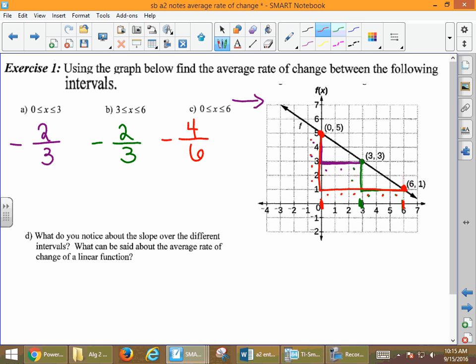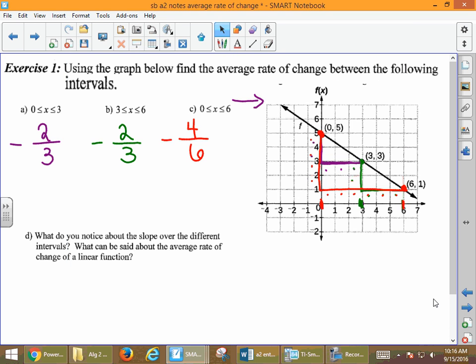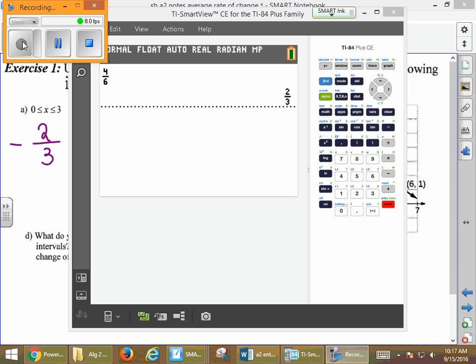Can we simplify 4/6? And we can. If you can't do it in your head, go to alpha y equals number 1, and 4/6. I know I didn't type in the negative, but 4/6 will give us 2/3. So once we type in 4/6, we see 2/3.